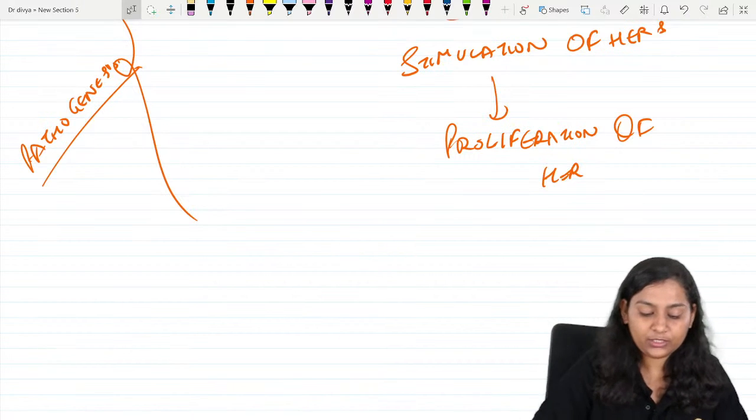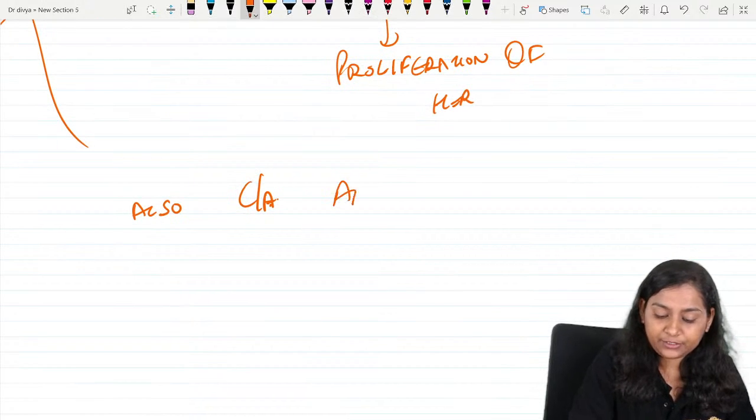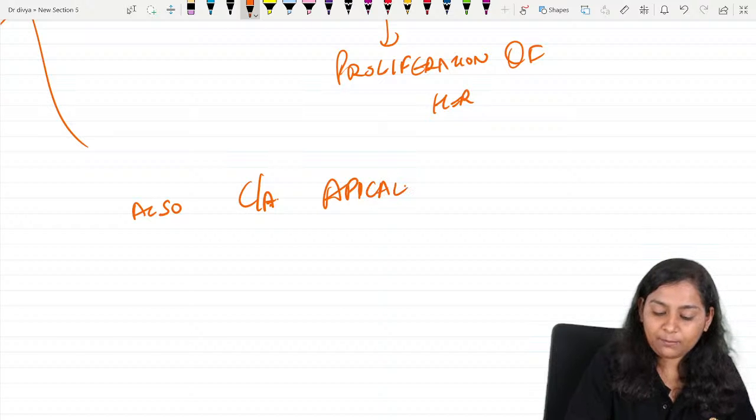Now this radicular cyst, it is also called as apical periodontal cyst.